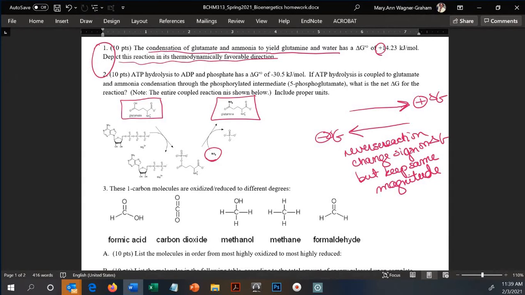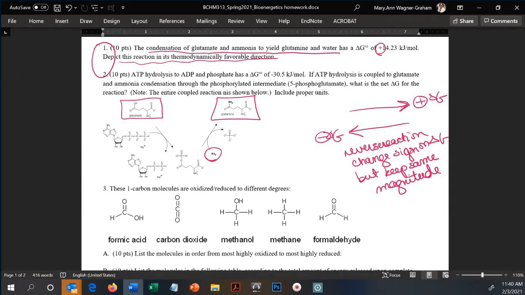So that's question one. Question two builds on question one. So we know that formation of glutamine from glutamate is thermodynamically unfavorable. But if we couple a thermodynamically unfavorable reaction to a thermodynamically favorable reaction, we could possibly make this overall combined reaction thermodynamically favorable, meaning that we're going to end up with a negative delta G. So this is going to want to then proceed from products to reactants.